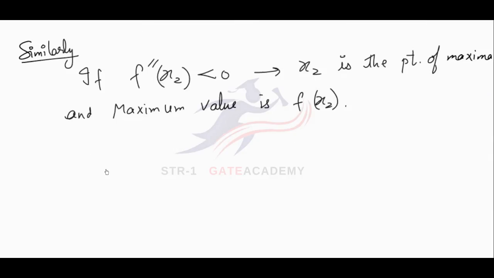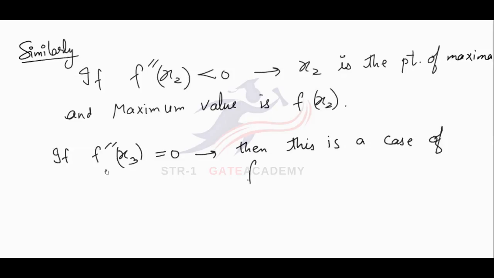What if it is equal to 0? If f double dash at x3, let's say, is equal to 0, then this is a case of further inspection, and we'll find out the triple derivative.